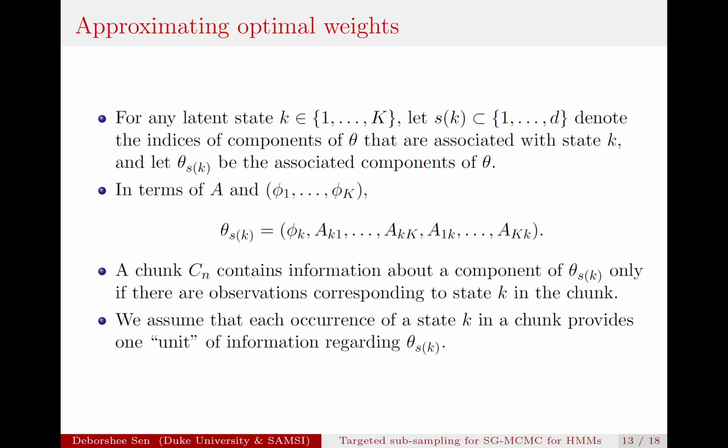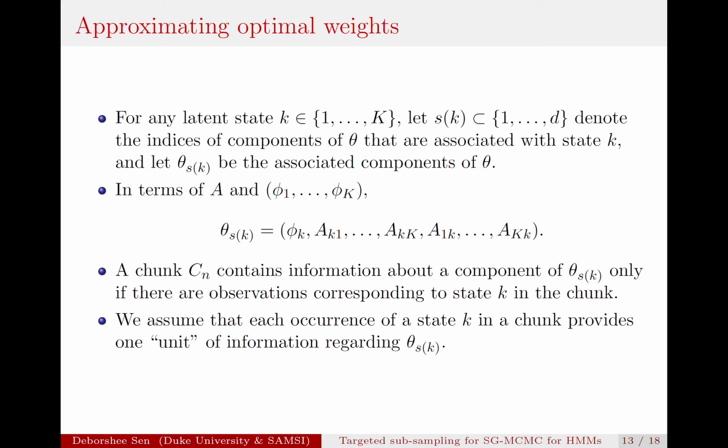So a chunk C_n contains information about a component of theta_{S_k} only if there are observations corresponding to state k in the chunk. Let's take state 1. If you have observations corresponding to latent state 1 in the chunk, then you're going to get information about parameters associated with state 1.